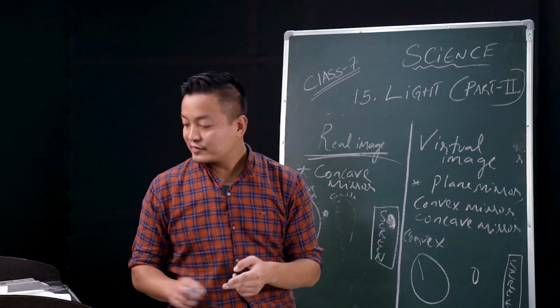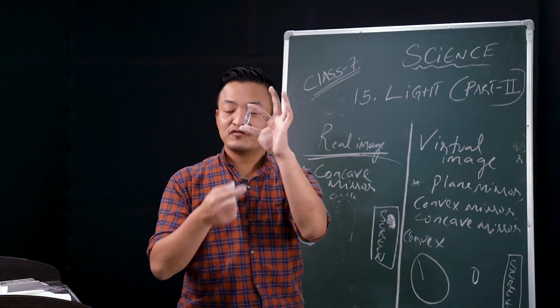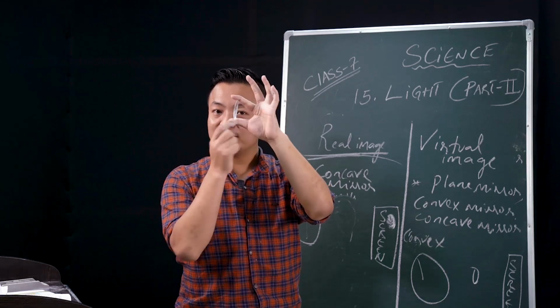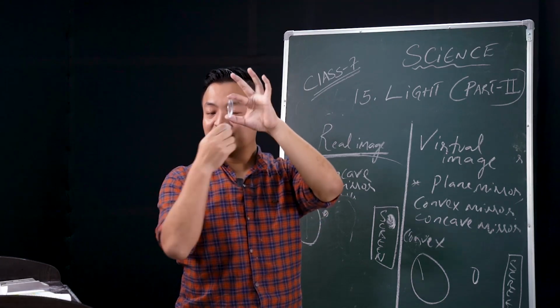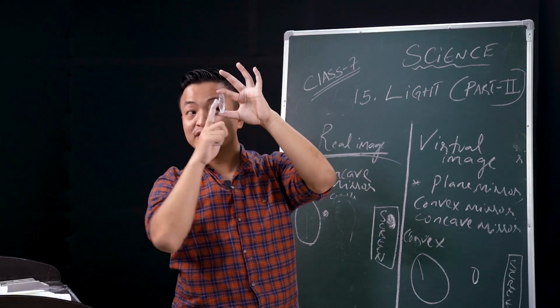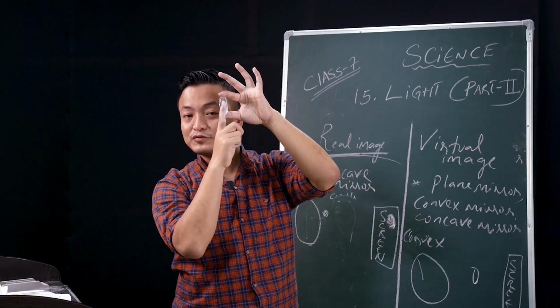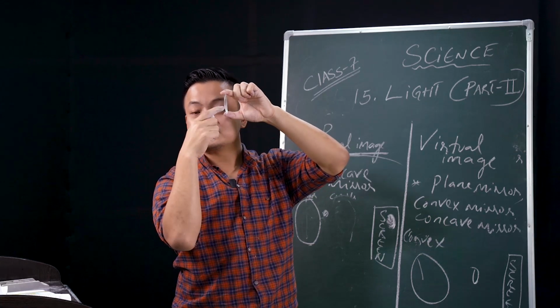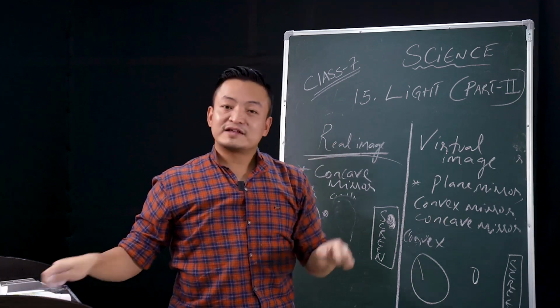So I've given the difference between a concave mirror and convex mirror. This one, concave. This one, convex. Here, the light is reflecting on the curve inwards, inward. And then here, the curve is outward. So that is the difference.